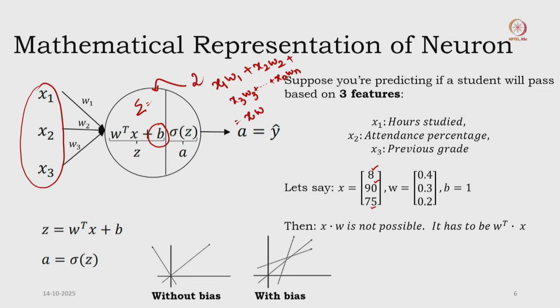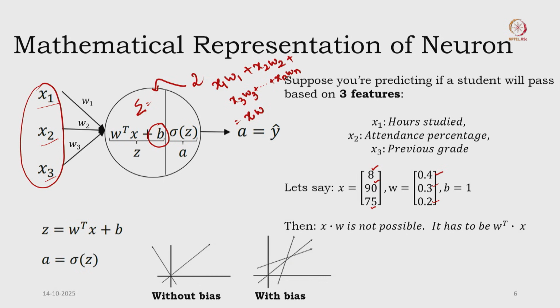Now for each of the inputs, what is it that we have seen? For every input there is a weight associated with it. So for hours studied we have 0.4, for the second input we have the weight 0.3, and for the third input we have the weight 0.2. Now, what is the mathematical operation that we are doing?